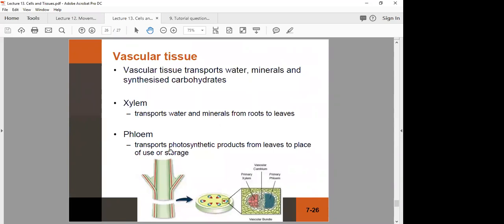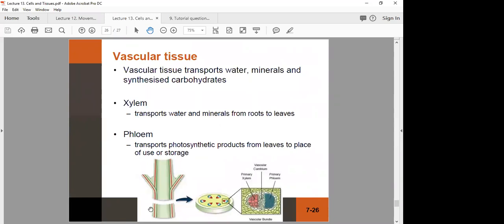And the phloem transports the products of photosynthesis, which of course are carbohydrates, and we refer to them as photosynthates. These are transported from where they're synthesized, primarily in leaves, to places of use or storage. So while xylem transports water and minerals always in an upwards direction, phloem will transport photosynthates in both an upwards and downwards direction.